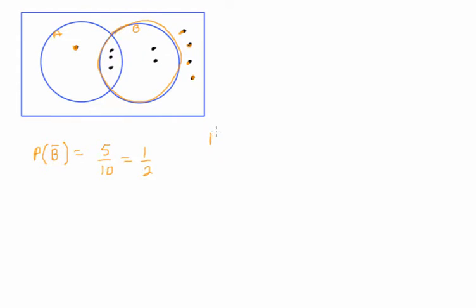Notice that the probability of B plus the probability of the complement of B, which is 1/2, when I add those up, it adds up to 1. 100% of the things that could happen. If you have B plus not B, you're going to get 1.